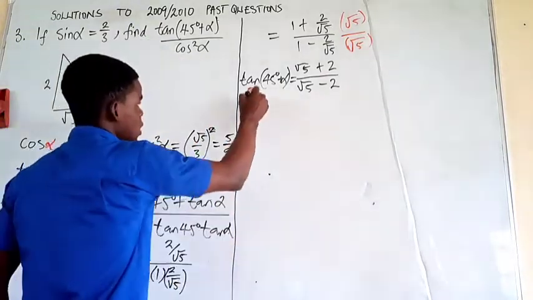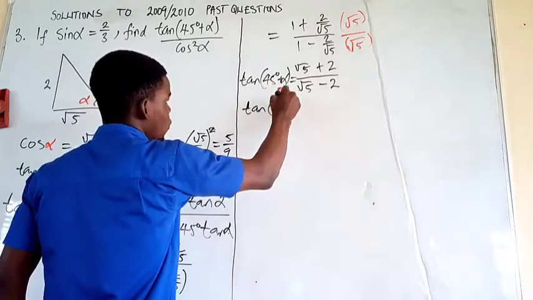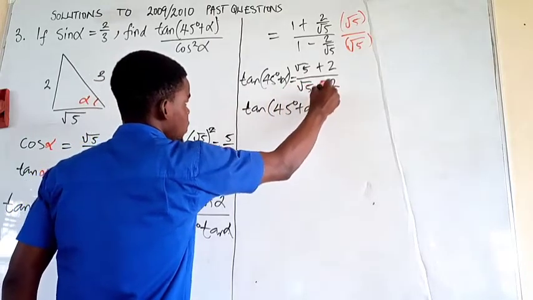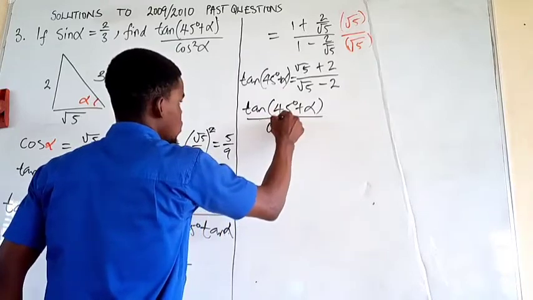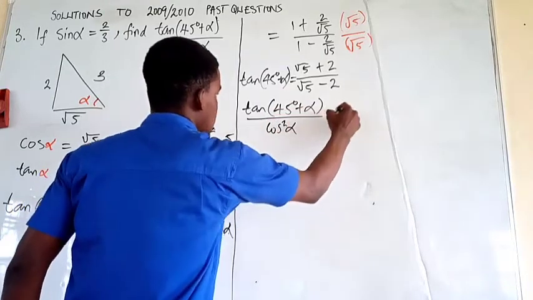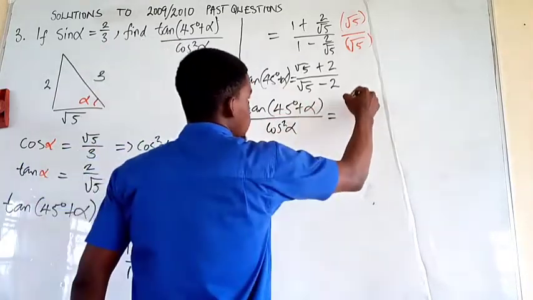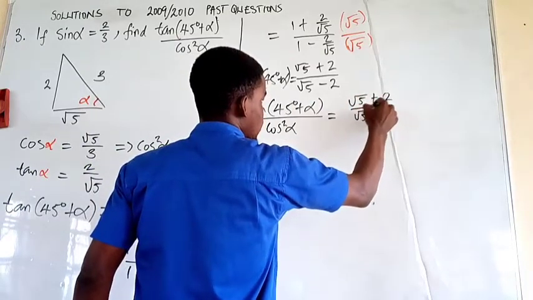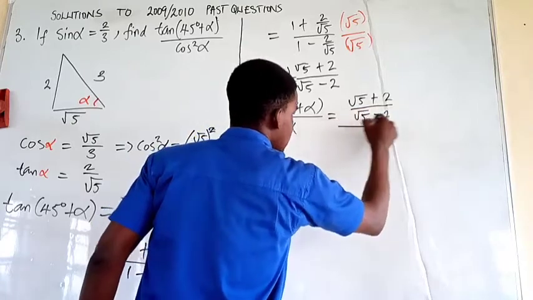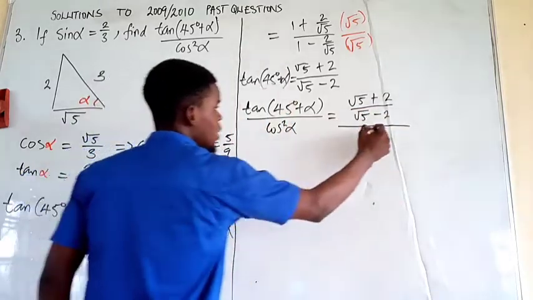So that simply means that tangent of 45 degrees plus alpha divided by cosine squared alpha is going to be root 5 plus 2 divided by root 5 minus 2, then the denominator 5 over 9.